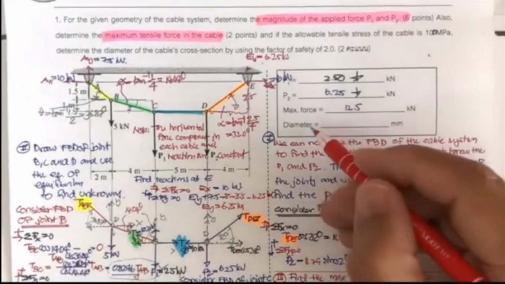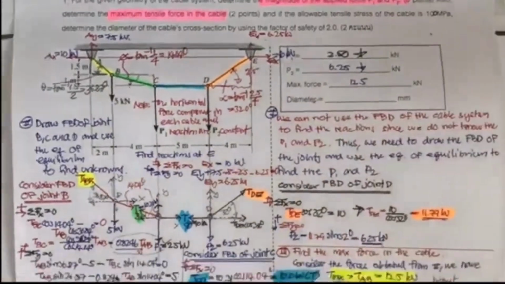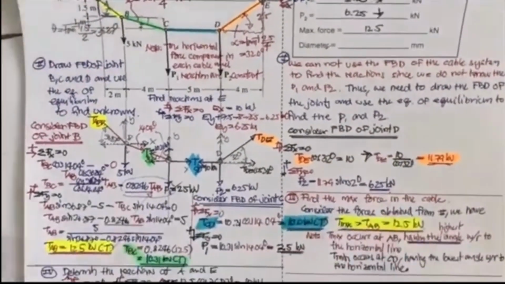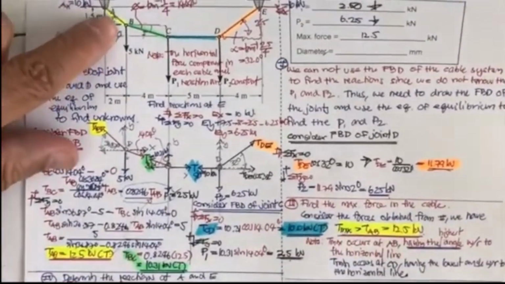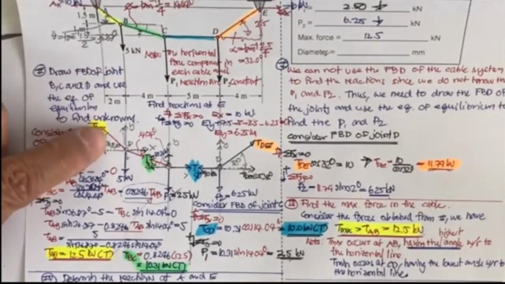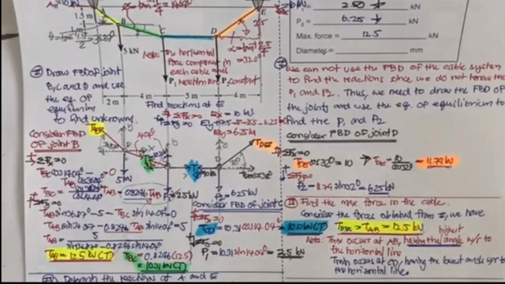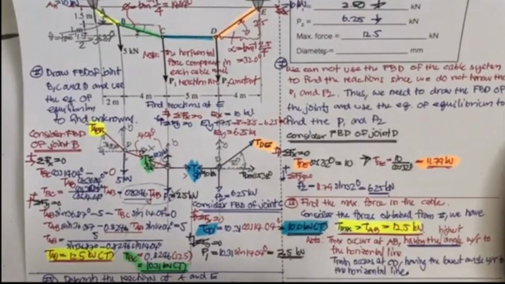The last one: we determine the diameter, and then we come to our cable. Our cable has the maximum tensile force on the cable AB. So the last one is to design the cable. T max equal to T sub AB equal to 12.5 kilonewton.